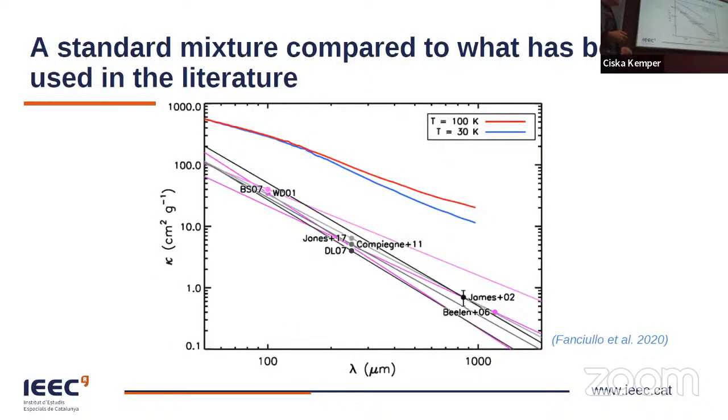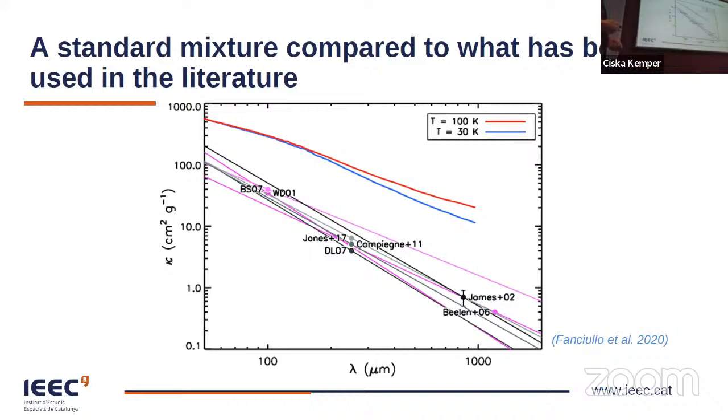So we constructed a typical grain mixture using these lab opacities that I just showed you at 2 different temperatures, at 100 Kelvin and 30 Kelvin, of a mixture of carbon-rich and silicate dust. I believe it was 30% carbon and 70% silicate.